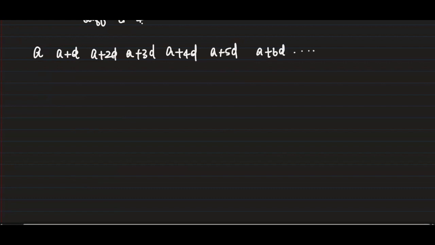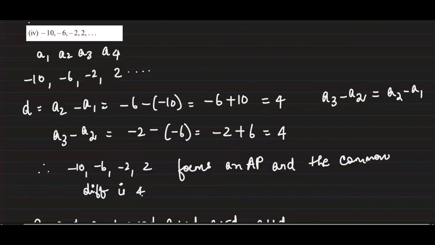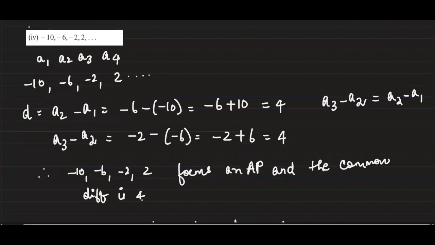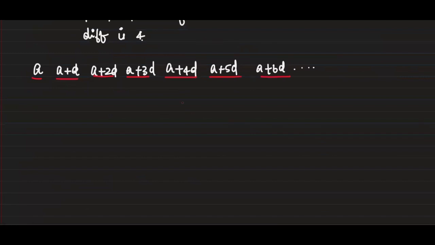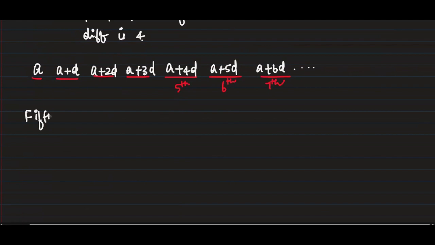So first term, second term, third term, fourth term, fifth term, sixth term and seventh term, and so on. Okay, fine. So in this one, they have given us only 4 terms. Now we'll have to find what is the fifth term, sixth term, and the seventh term. Okay, so fifth term is equal to a plus 4d.